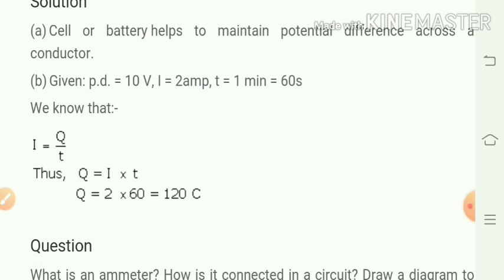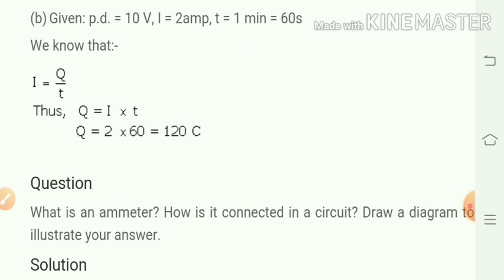Given that PD is 10 volt, I is equal to 2 ampere, time is 1 minute, means 60 seconds. We know that I is equal to Q by T. According to that, 2 into 60 means charge becomes equal to 120 coulomb.